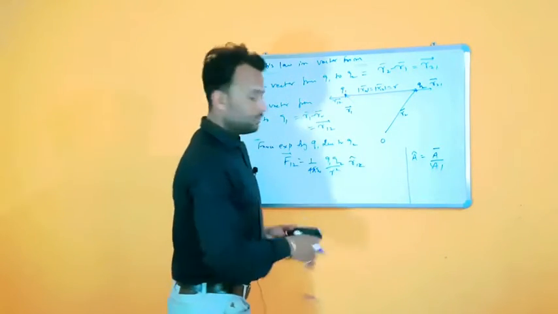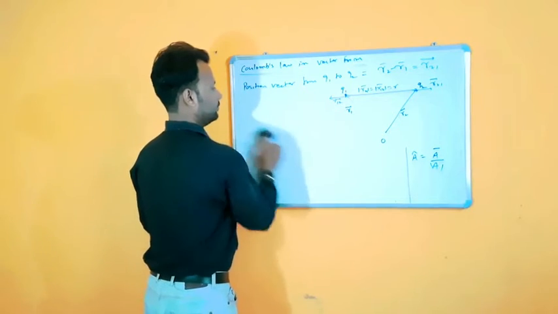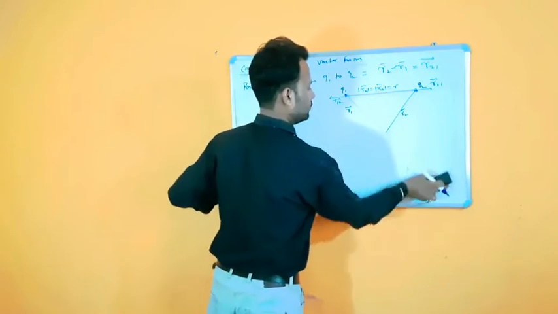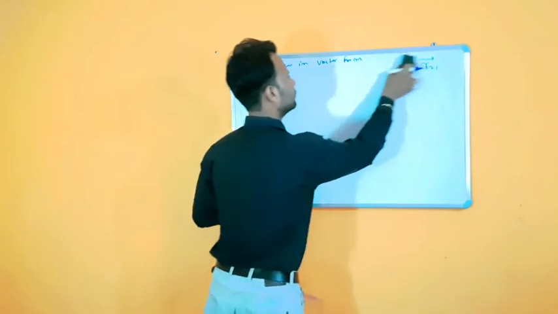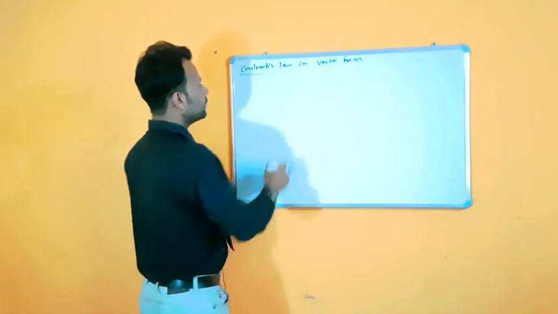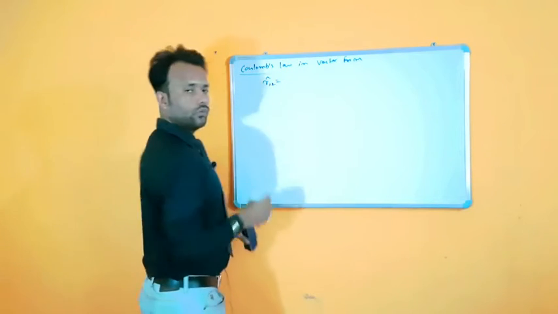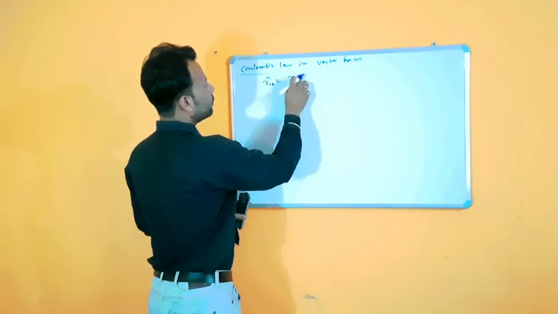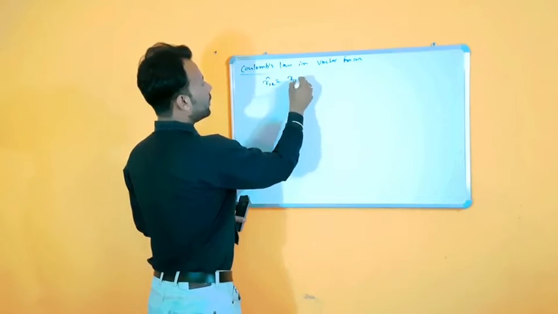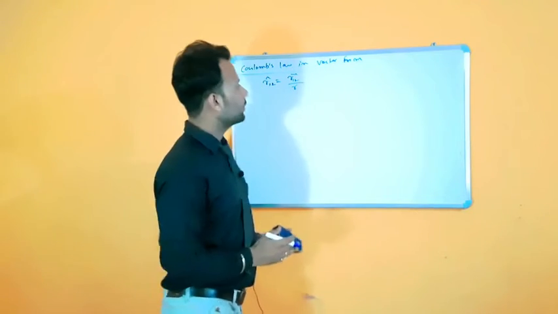So the r12 unit vector can be written as vector r12 upon mod of r12, which is r.